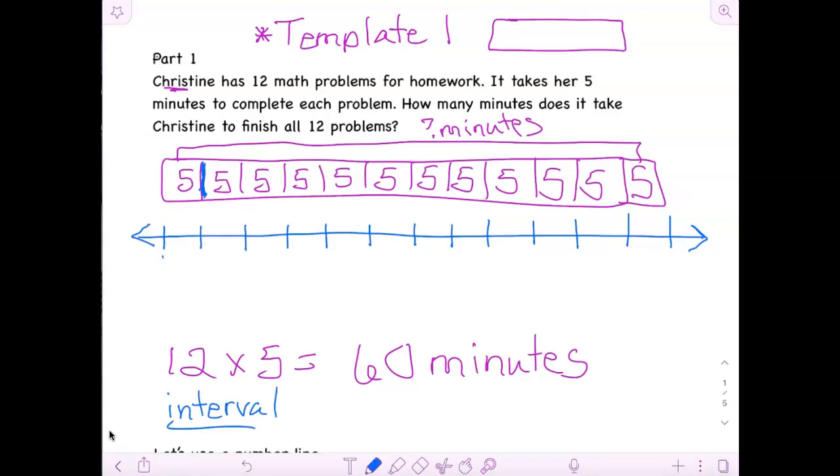So we're going to label every 5. We're going to count by 5s and label these on our number line. It's very important that you write neatly, because if you're not writing neatly, you won't be able to read your work. And that's very important. Okay?